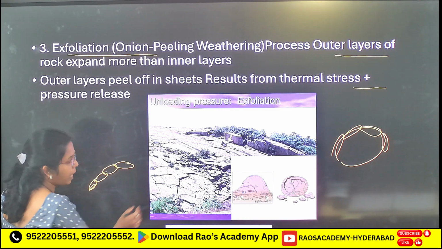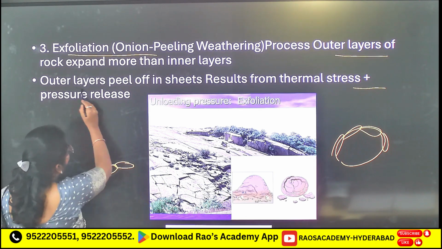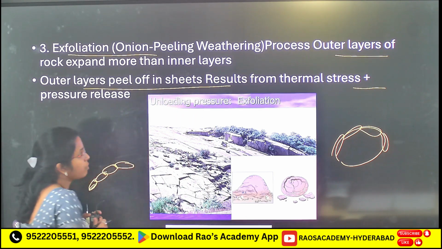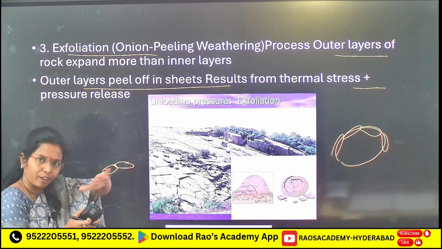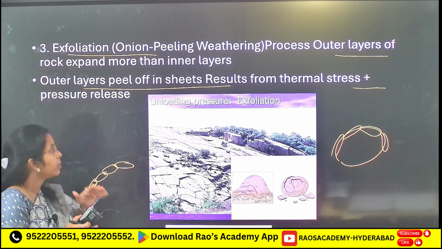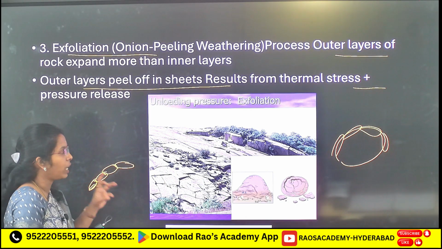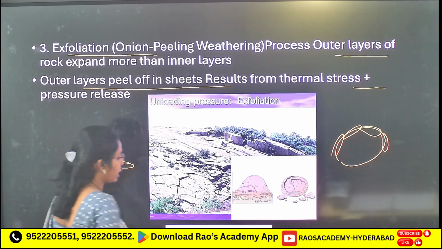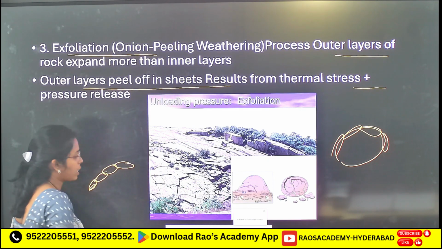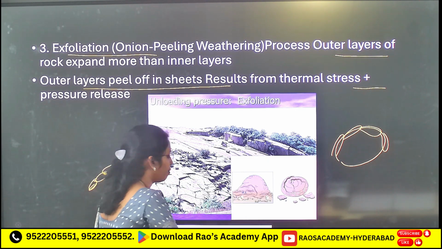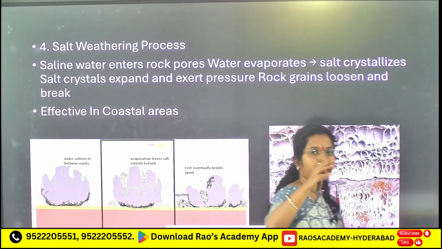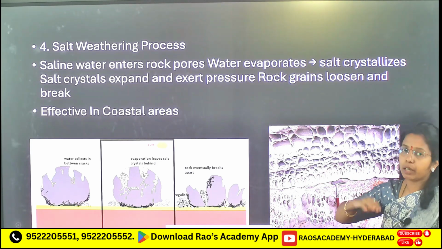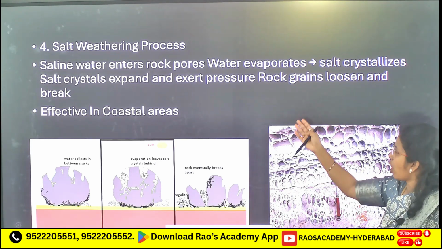Here you can see the picture. Outer layers peel off in sheets, resulting from thermal stress and pressure release. Outer layers peel off like onion peel. That is known as exfoliation. Exfoliation, a favorite topic for UPSC. Exfoliation comes under physical weathering, and in physical weathering the outer layer expands more than the inner layer. Because of that you will see onion peeling weathering.